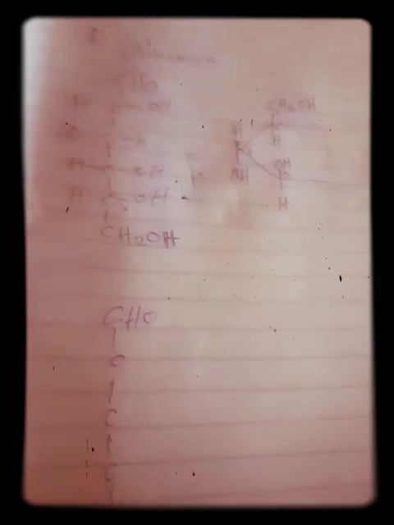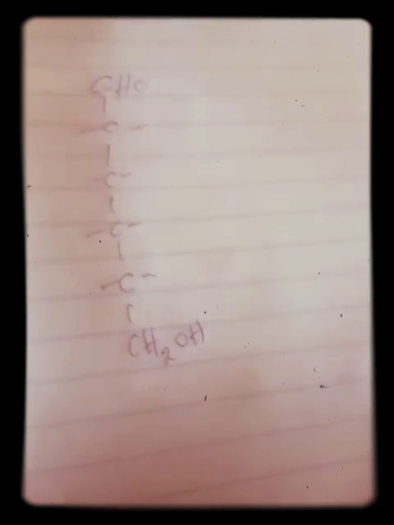So let's see how mannose is transformed in Haworth form. So the structure of mannose will be, if you remember our last video, we said mannose in Fischer form is just the same as glucose.